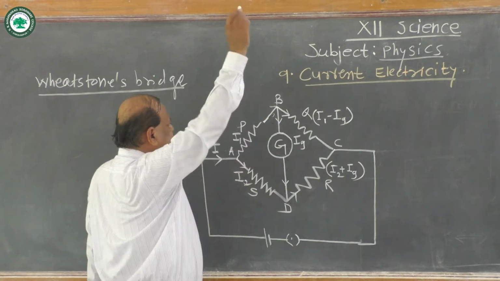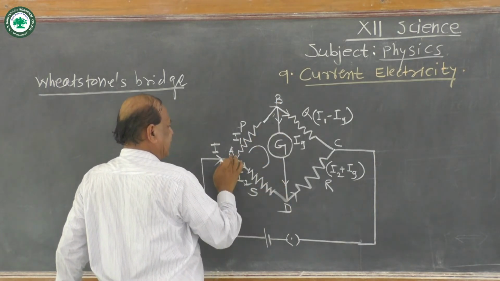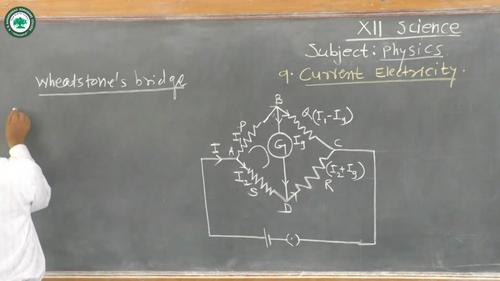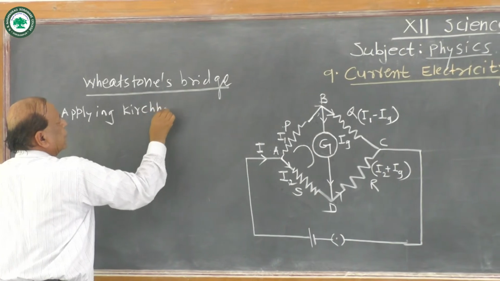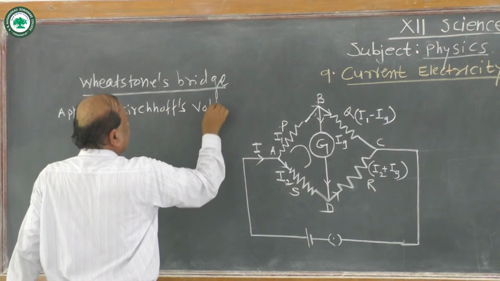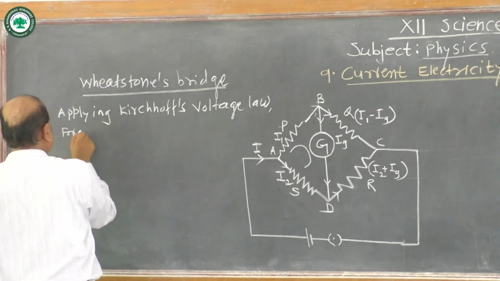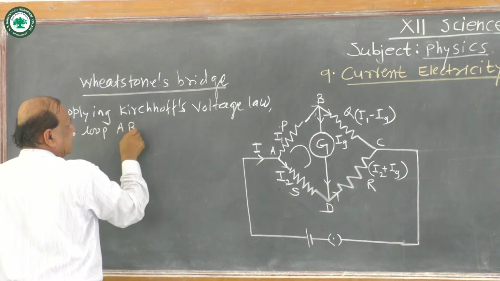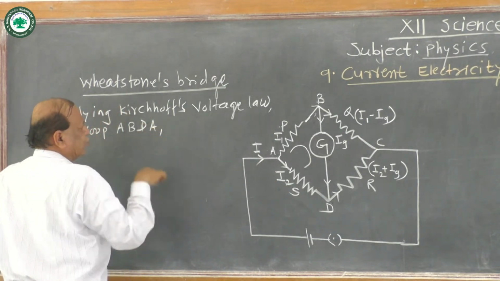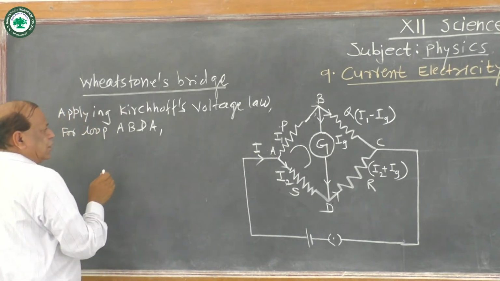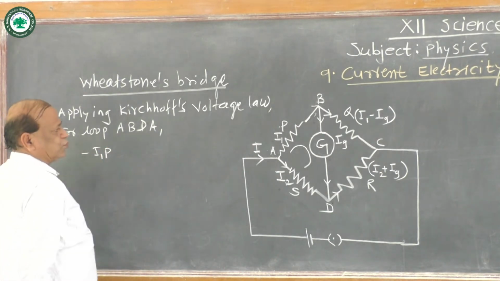Now consider the two loops. This is the first loop, A, B, D, A. Applying Kirchhoff's voltage law for this first loop, the potential across this resistance will be minus I1P according to the sign convention.